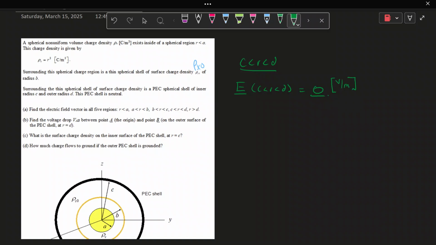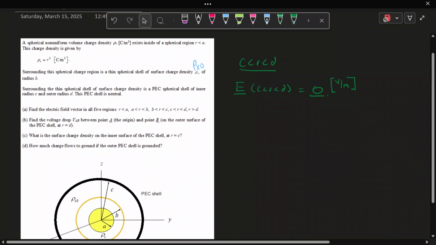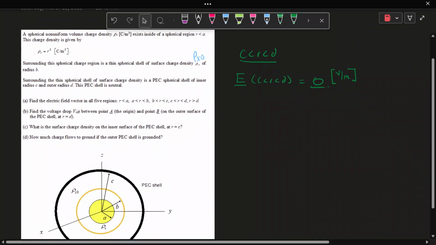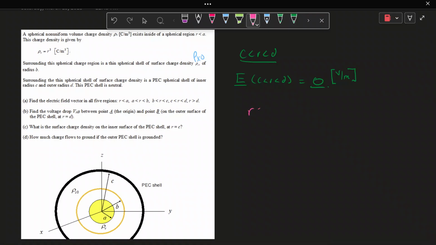This is something I believe in notes 12, or it might be in notes 11 also, for Gauss's law. Now we know an answer to the first one. So let's start with r less than a, to get our basis.